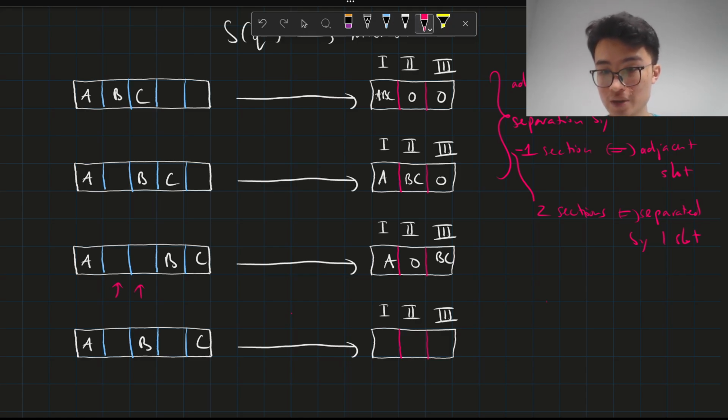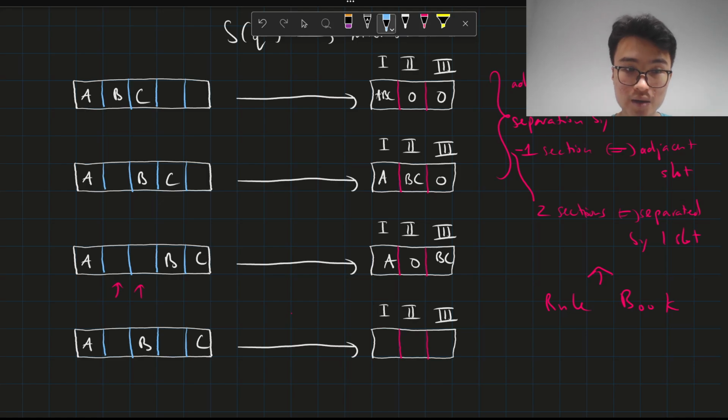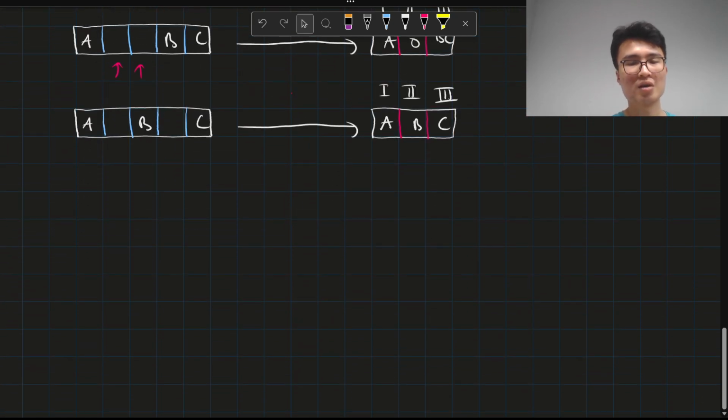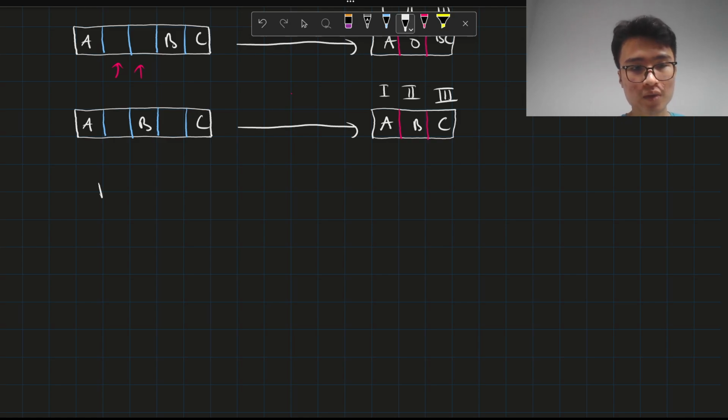This is our rule book right here. Separated by 1 section, what does that mean? Adjacent slot. So what it means is that A will be here, B will be here, and C will be here. Done.